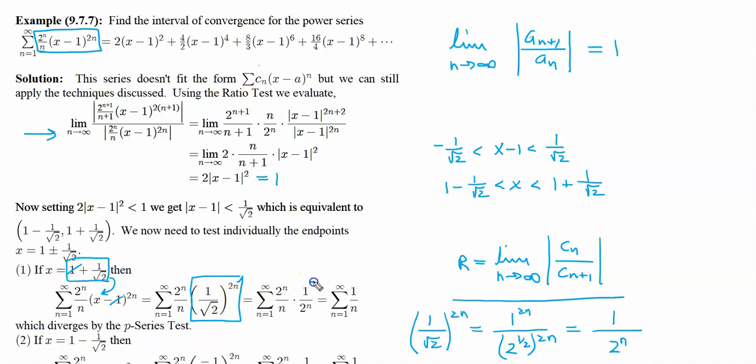So that's how we get this right here. And then of course these 2n's cancel, and we end up with this summation.